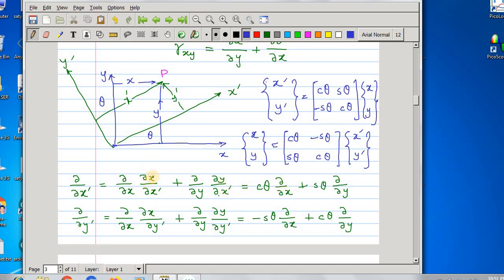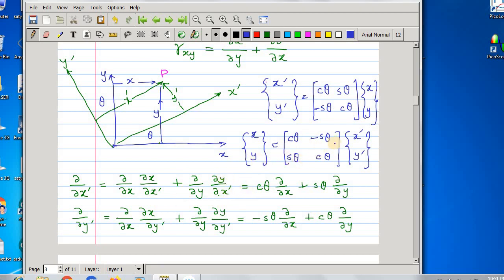So what is del x del x dashed? Here x equals cos theta x dashed minus sin theta y dashed, so del x del x dashed is only cos theta. And y equals sin theta x dashed plus cos theta y dashed, so del y del x dashed is sin theta. So del del x dashed is cos theta del x plus sin theta del y.